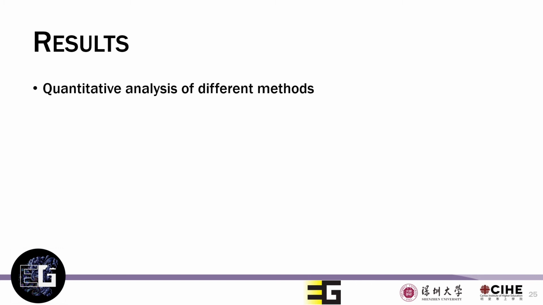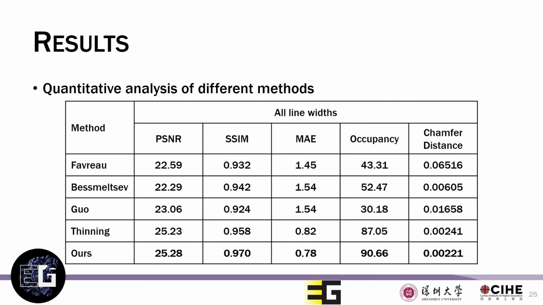We compared with the existing methods on line drawings of different line widths. When the line width is small, the effect of each method is relatively similar, but with the increase in line width, our method has obvious advantages. Our method achieves the best results in the average scores of all the line widths.